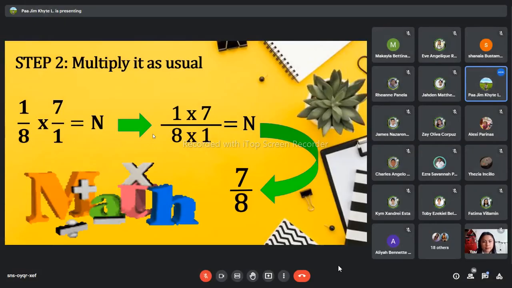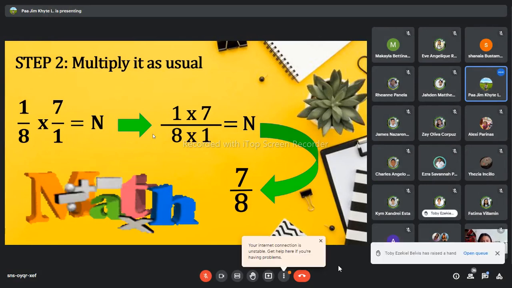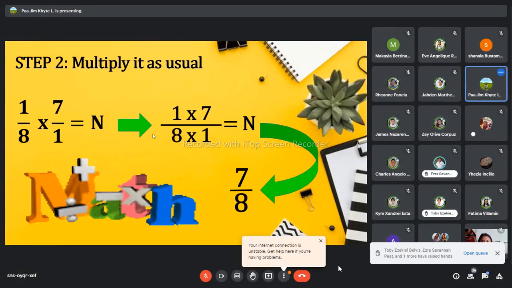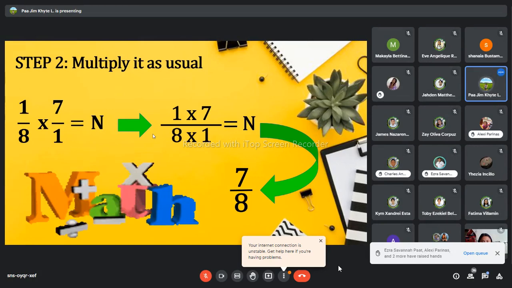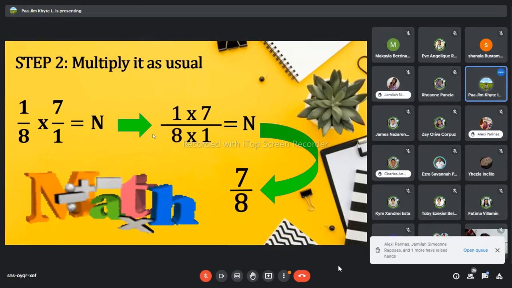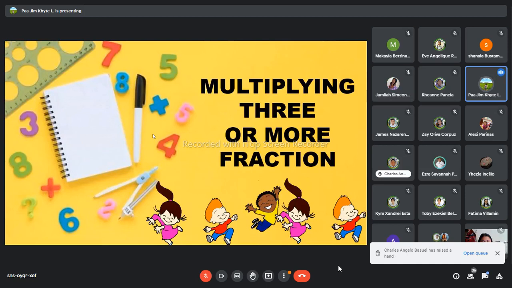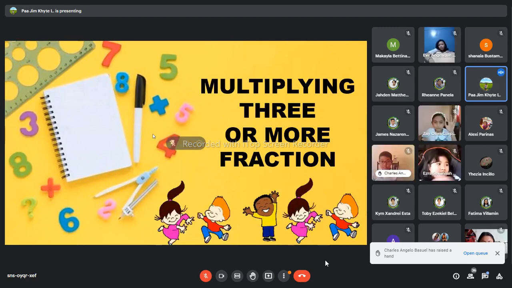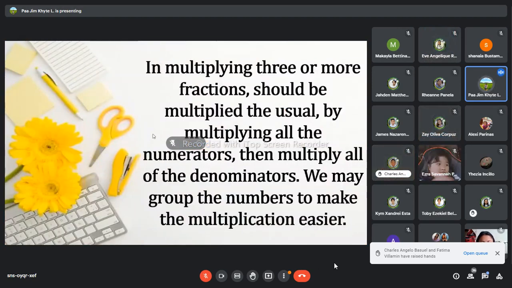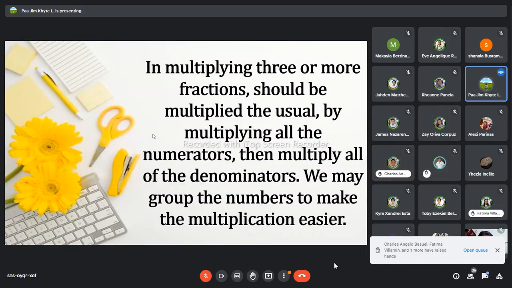Did you understand, class? Raise your hand if you understand. Very good. Now let's take a look at our next lesson, which is multiplying three or more fractions. Remember, what should be done in multiplying three or more fractions? Kindly read.